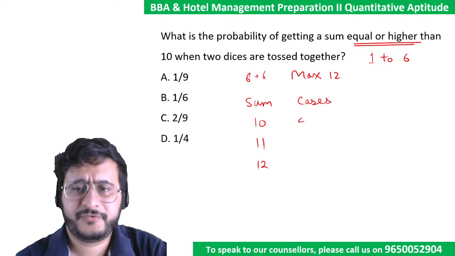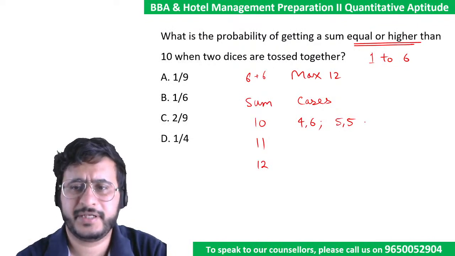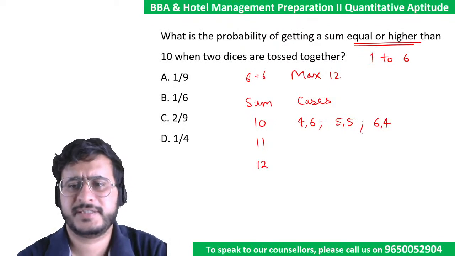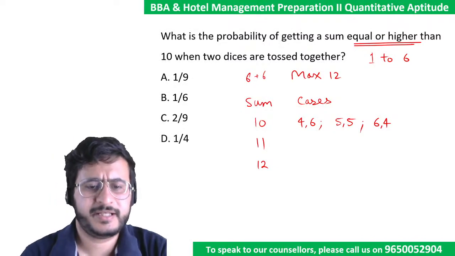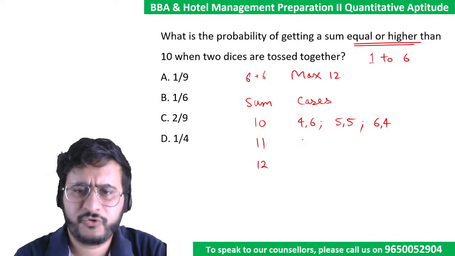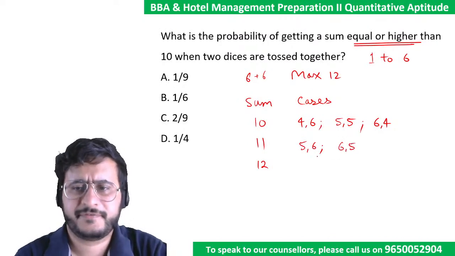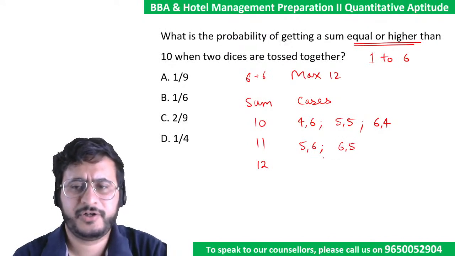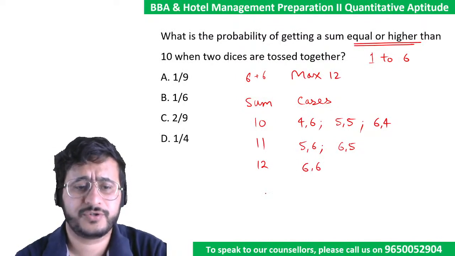You can either get 4 and 6, 4 on the first dice, 6 on the second dice, or 5 and 5. You roll both the dice, you get 5 and 5, or you might get 6 on the first dice and 4 on the second dice. Similarly, for 11 you can get either 5, 6 or you can get 6, 5. And for 12 you will have only one scenario wherein both the dice will show 6.